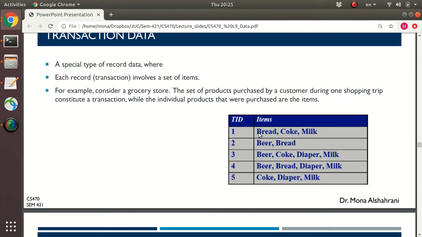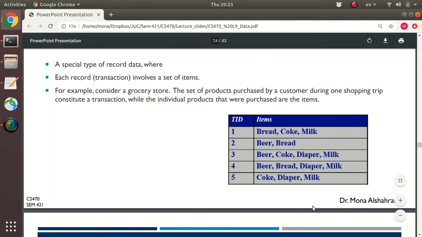This is one transaction, this is another transaction, a third transaction, and so on. The first transaction consists of items such as bread, coke, and milk. These items might appear more frequently together within one transaction than other items, and this pattern could reoccur in other transactions as well.